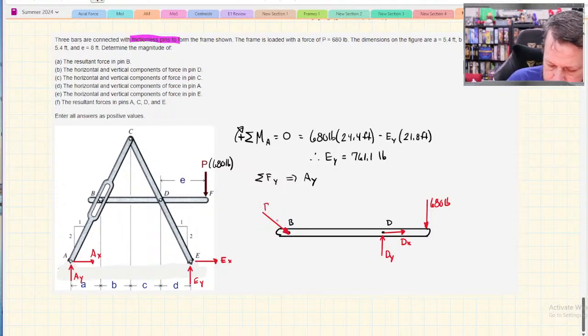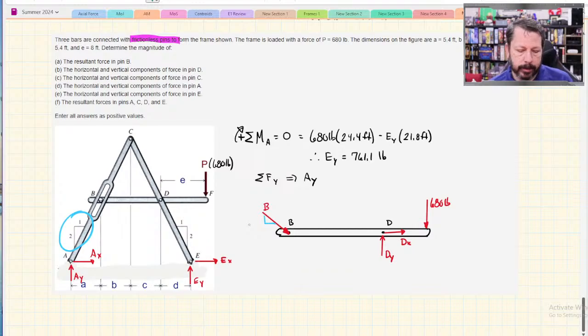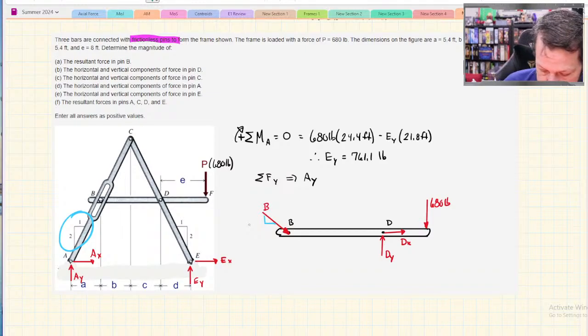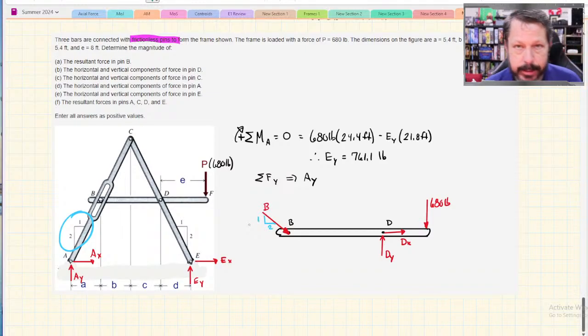So that's the force at B. Instead of writing Bx and By, you write B, and then to figure out what angle it is, notice right here, the slot is at an angle of rise of 2, run of 1. So perpendicular to that is run of 2, rise of 1. You just invert the rise and run of your slope triangle. And that gives you a perpendicular direction.